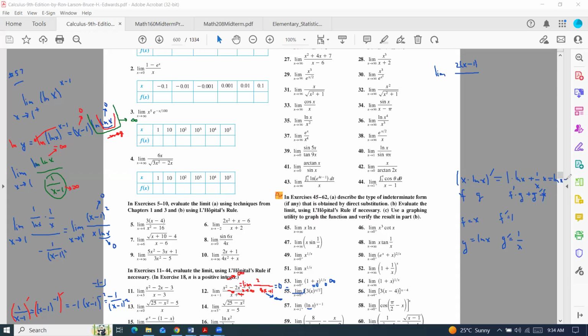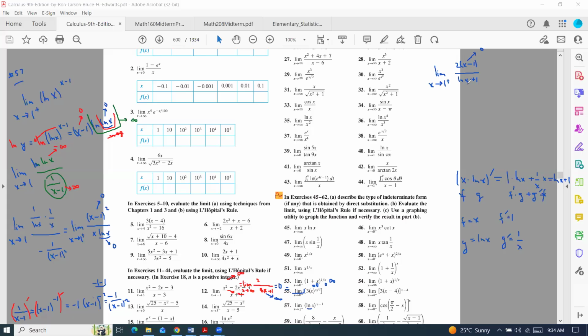So I took the derivative of my denominator and ended up with ln x plus 1. Before I differentiate again, I need to always be careful. I need to check and see if that's in indeterminate form. Well, that goes to 1 minus 1, 0.